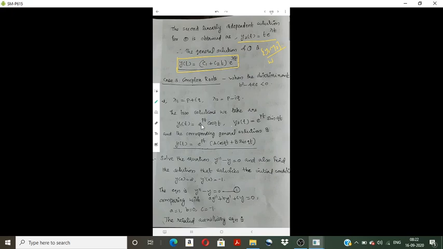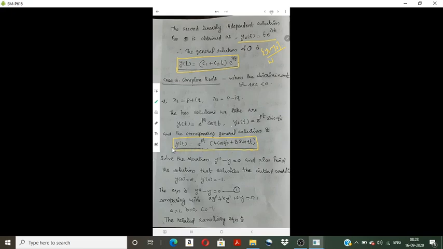The two solutions for the second order equation are y1 of t equal to e raised to pt cos qt, and y2 of t equal to e raised to pt sin qt. Then the corresponding general solution is y of t equal to e raised to pt into a cos qt plus b sin qt.